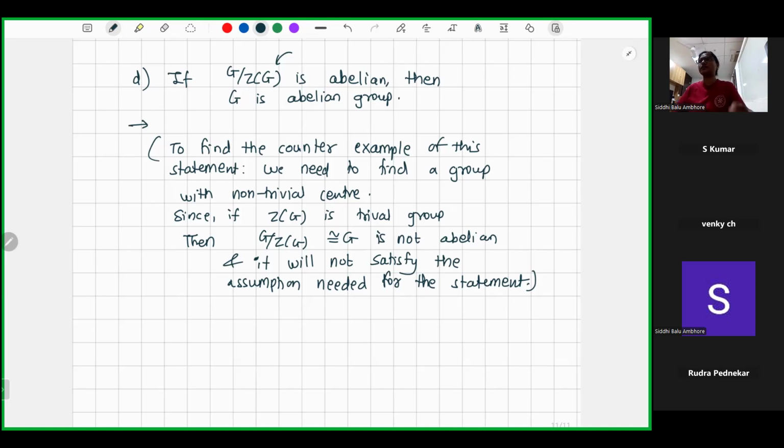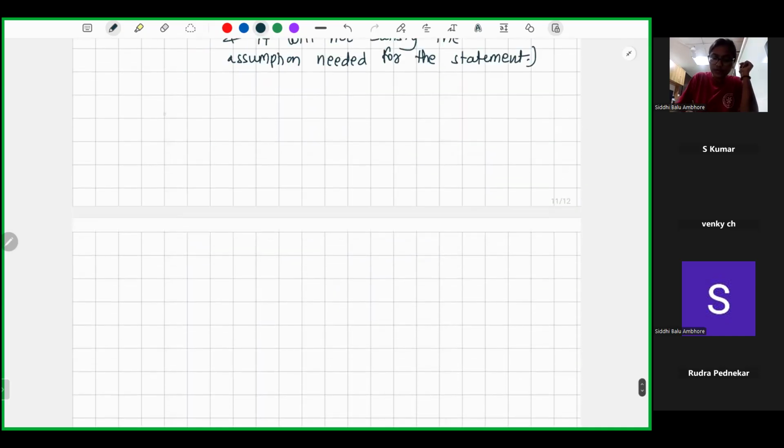So can you see there whether we can find any counterexample or whatever we want? Okay, so we discussed Q8 if you remember. Okay, and yes, exactly. Q8 and Z of Q8 was?